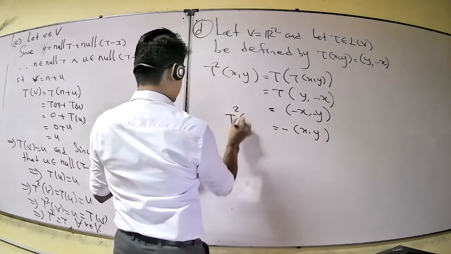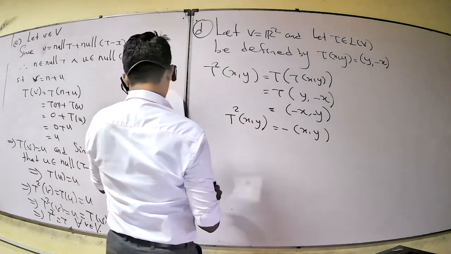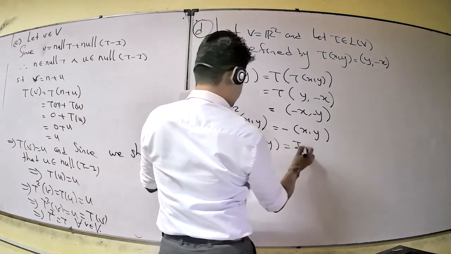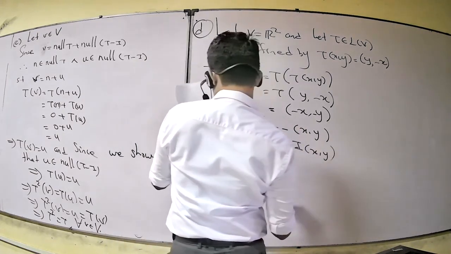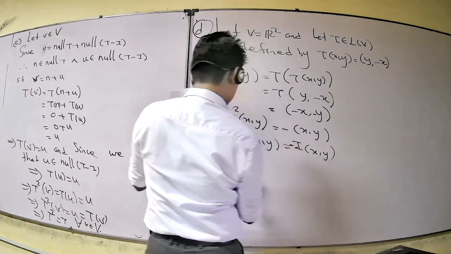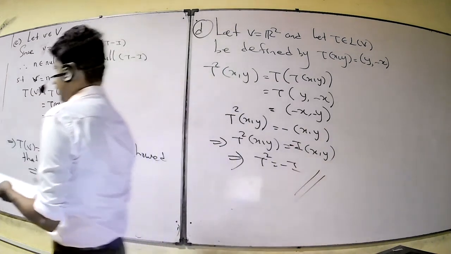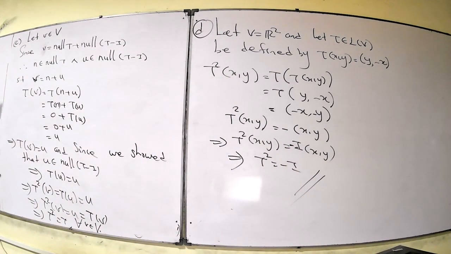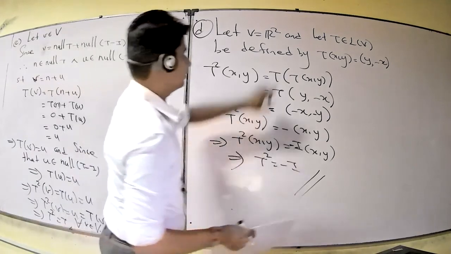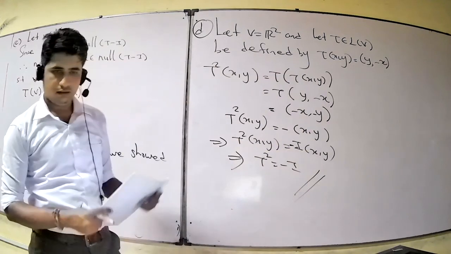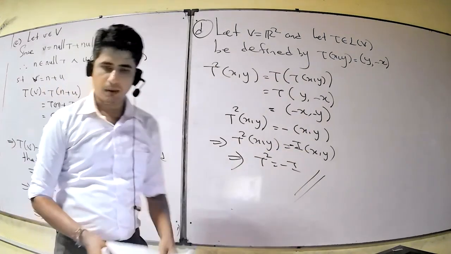This you can write as minus I of x comma y. Therefore, T squared equals minus I. It is the example for this T squared equals minus I. I times x comma y means x comma y again. I is the identity mapping, and the identity mapping is a linear one.